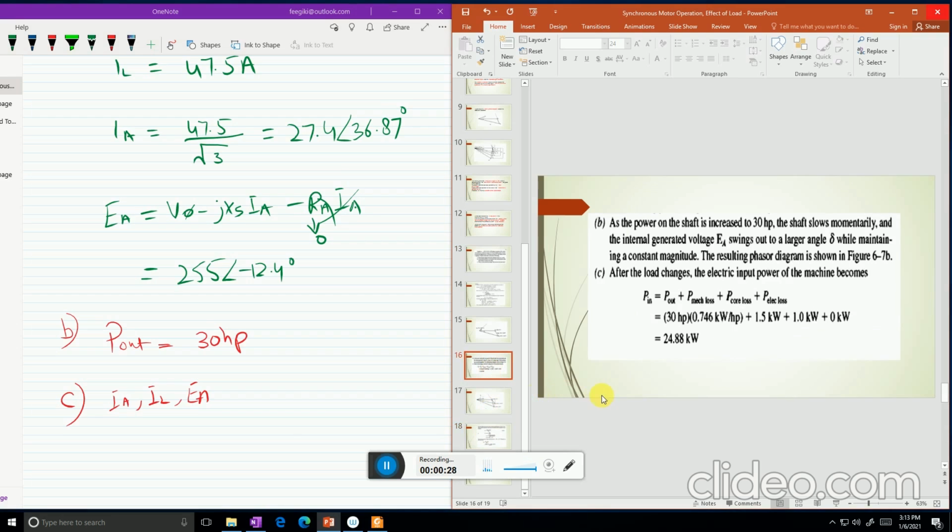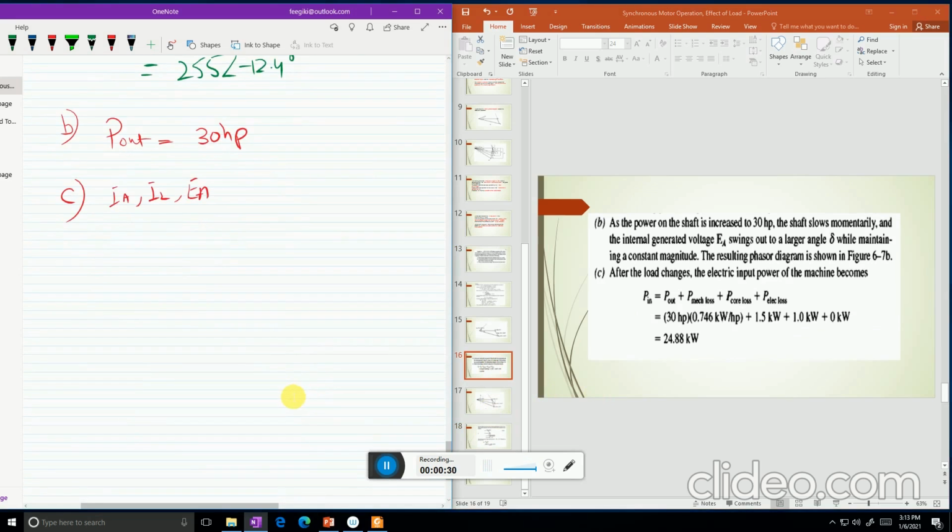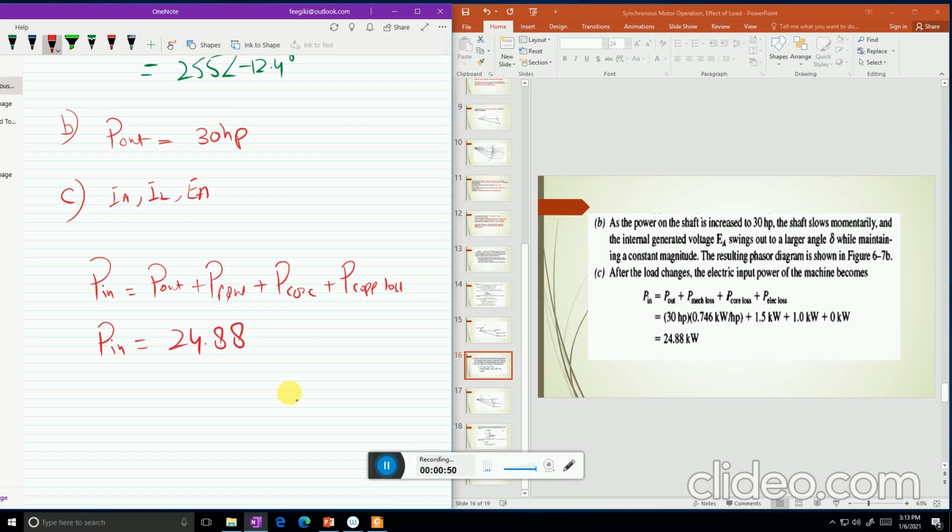So now again P in will become P out plus P friction and windage plus P core plus P copper loss. Solving this, P in will become 24.88 kilowatt.